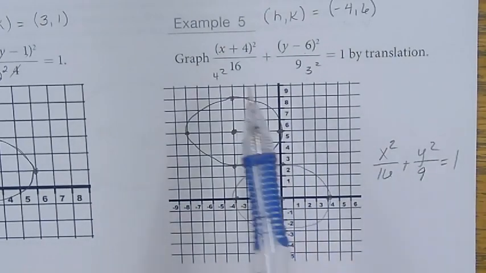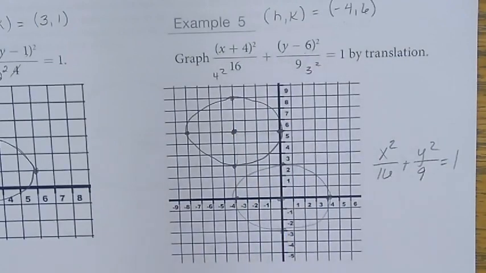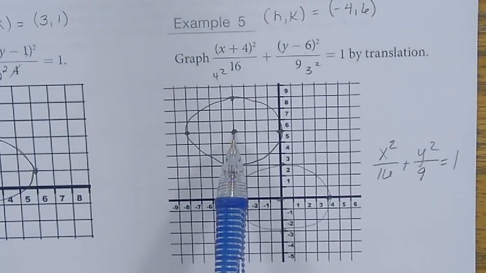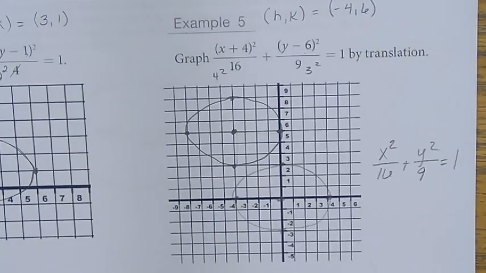And then from there, these numbers here can tell us how much we have to move it. We had to move it to the left 4 and up 6. So whichever way you want to think about it.